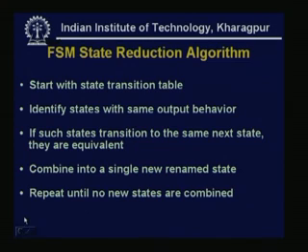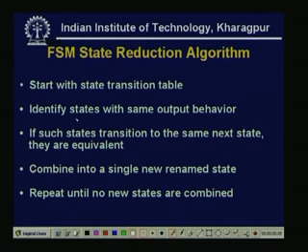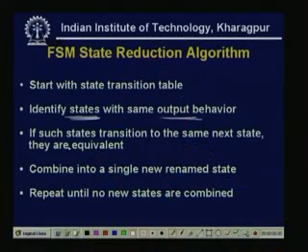So first, we identify the states which are giving the same output. Now, if such states transition to the same next state, they are equivalent. Just now we have seen that if the state transitions are also the same for all input combinations, giving the same output, then they are equivalent states. So we identify the equivalent states.